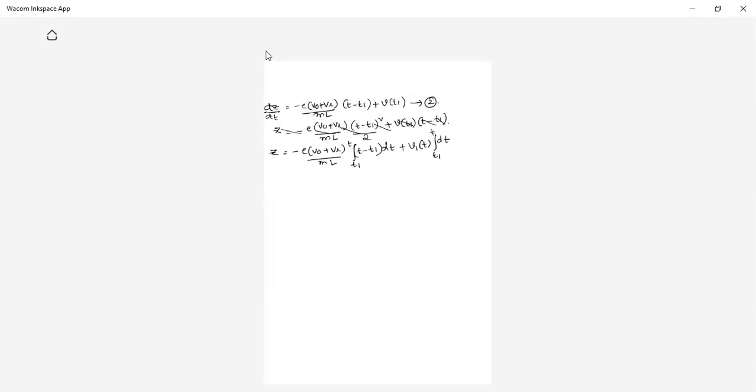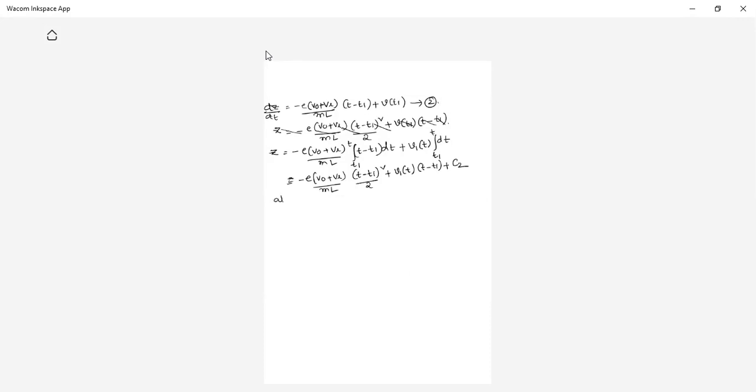So if you do the integration, e into v naught plus vr ml, (t minus t1) square by 2 plus v1 of (t minus t1) plus c2.